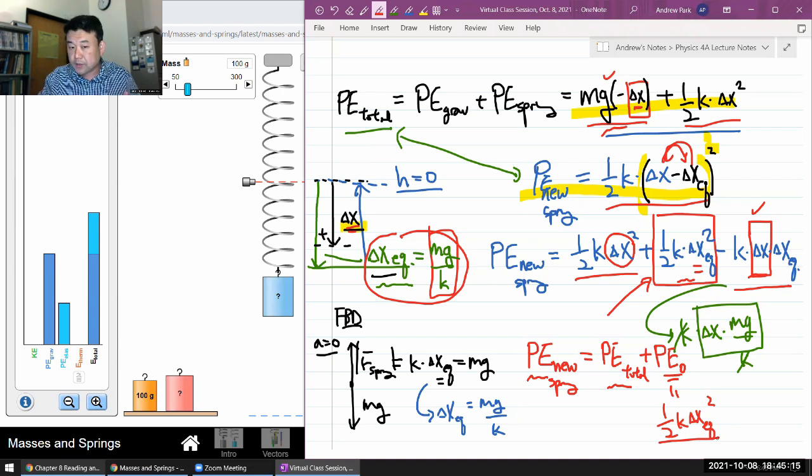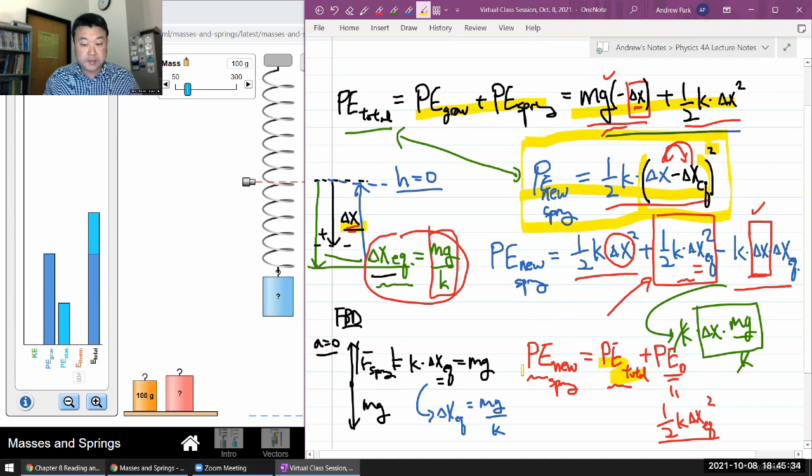So if the only difference between our old representation of potential energy and this spring-like representation is this constant offset, then these two expressions for potential energy in terms of the quantity delta X are functionally equivalent.